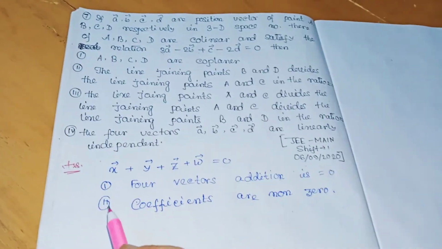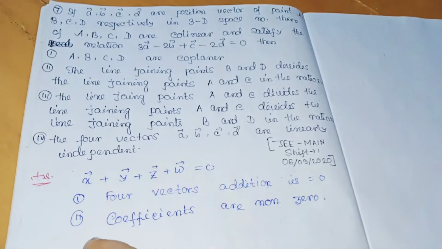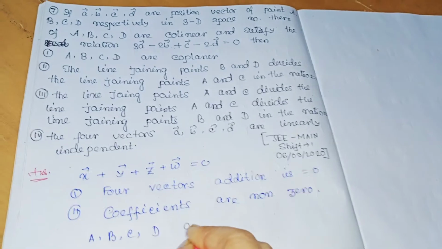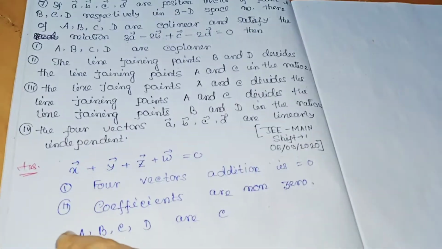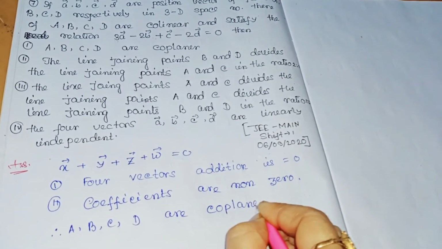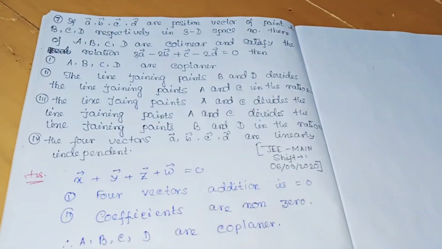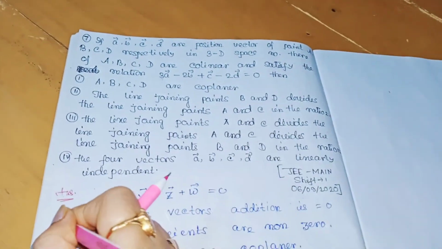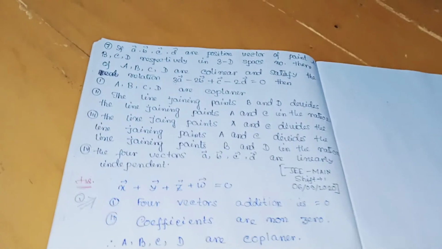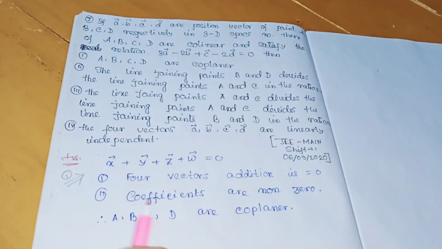So these 3 conditions give that A, B, C, D are coplanar, as from the theory. Now it is option 1, one type of proof. Now second, otherwise we prove otherwise, the second option.